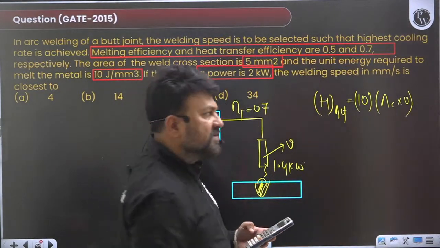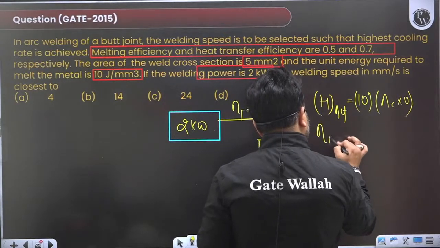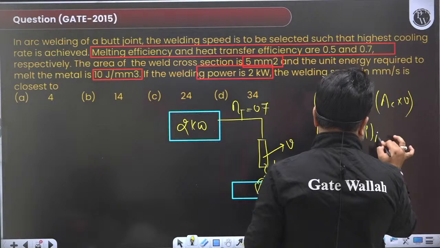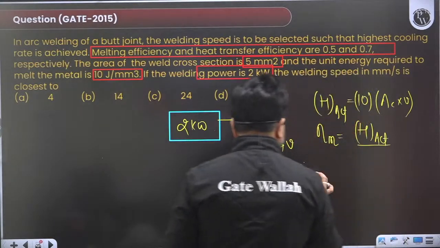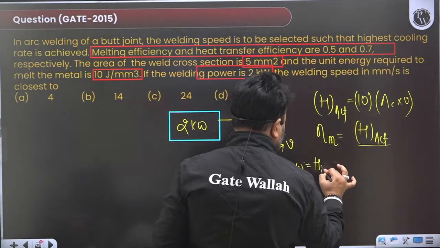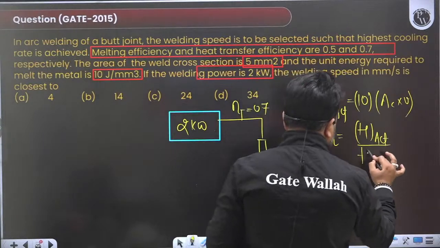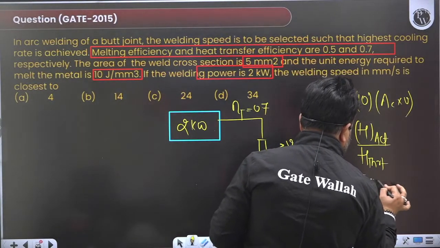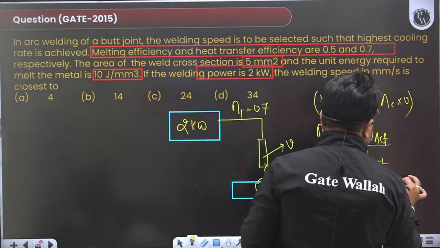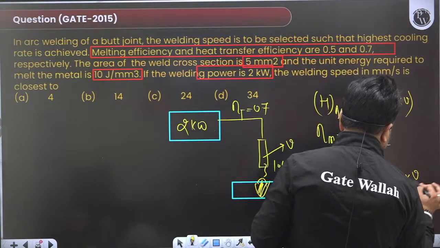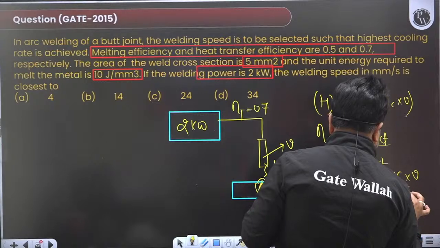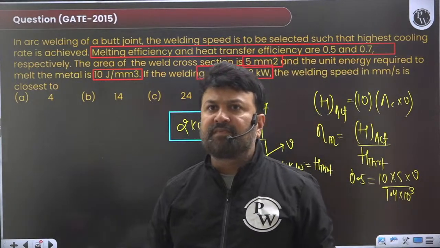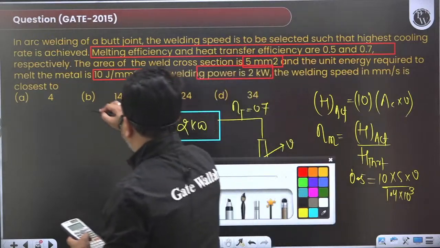The heat which you are giving is theoretical. So melting efficiency is 0.5. Actual is 10 into 5 into V, divided by 1.4 into 10 to the power 3. Now what is the answer? 14. Very good. Option B is the answer.